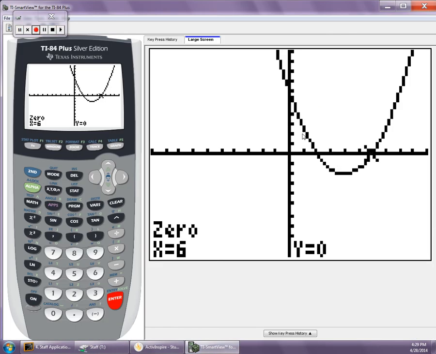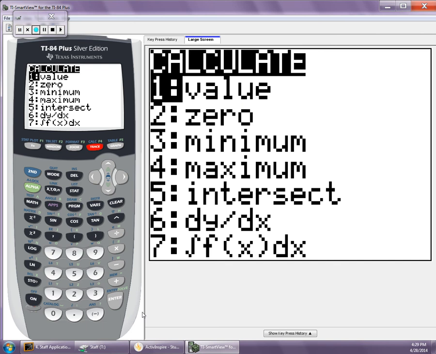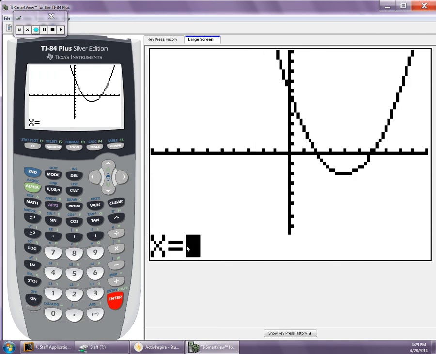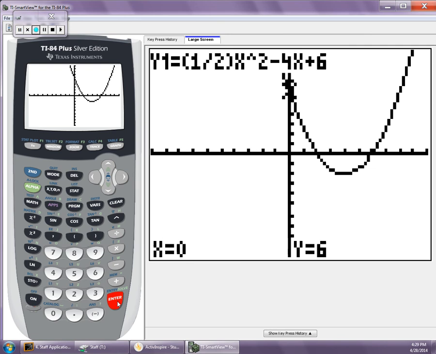Our calculator has a function where if you go to second calc, there's one of the things that says value. If you click that, it lets you choose any value for x, and it will tell you what the corresponding y value is. So here we know that the y-intercept is when x is 0, so I could type in 0, hit enter, and it verifies that y is 6 when x is 0.